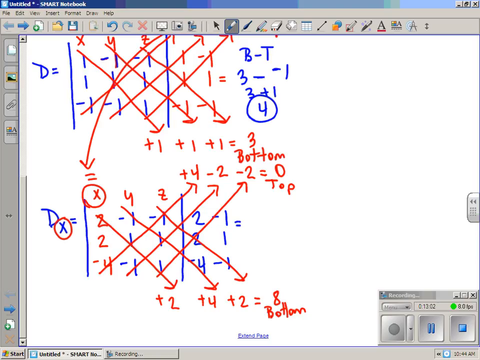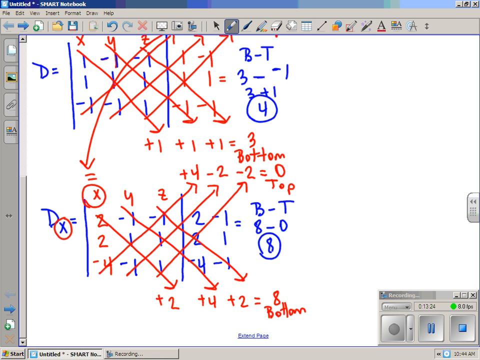To get the value of the determinant of x, or dx, it's the bottom minus the top. Our bottom number is 8 minus our top number, which is 0. 8 minus 0 is 8. So the determinant of x is 8.